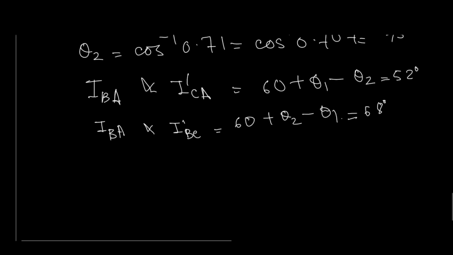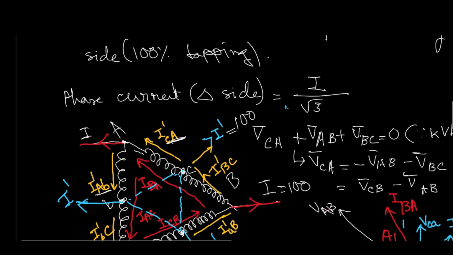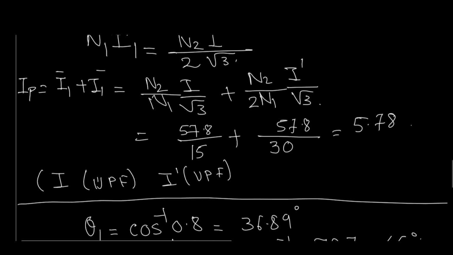Things are becoming quite complicated, right? But we have to solve this problem. So the current in one half of our winding, like here, if we consider C2A, it will be how much?